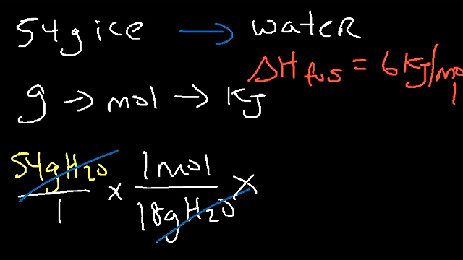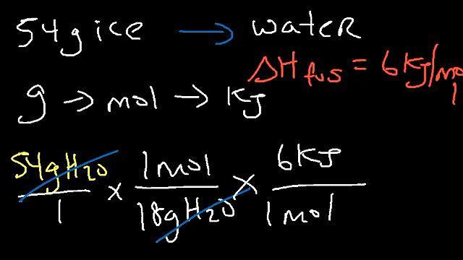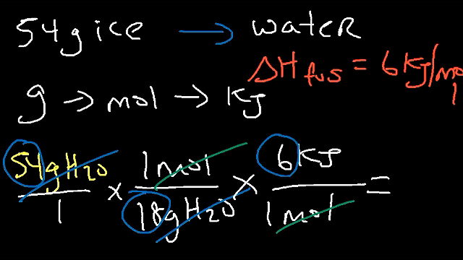Now we can convert moles to kilojoules. We know that 6 kilojoules of heat is required per 1 mole of ice. So let's see what this is equal to. 54 divided by 18 is 3. And 3 times 6, well, that's going to be 18. So there's 18 kilojoules of heat energy that's required to melt 54 grams of ice into liquid water.